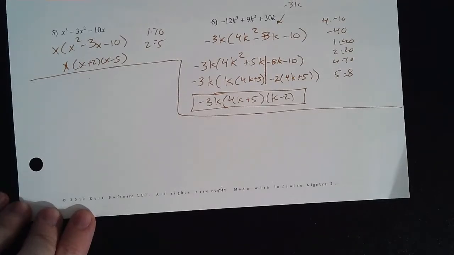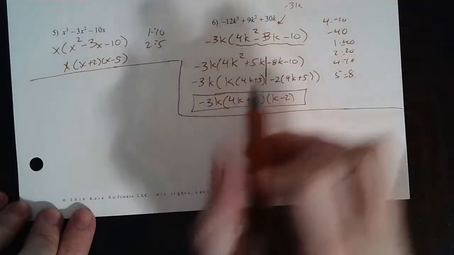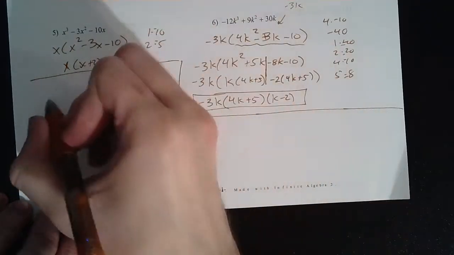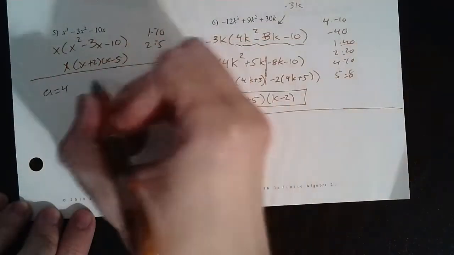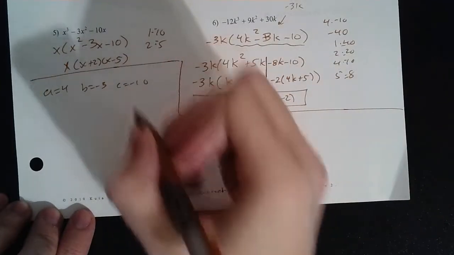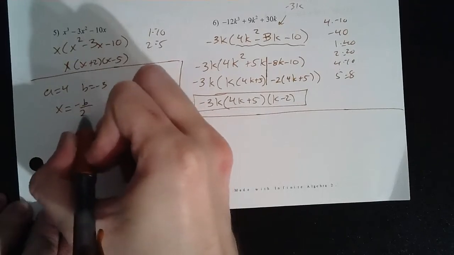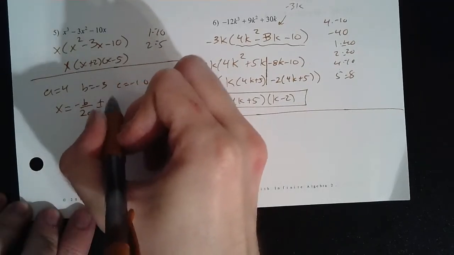So how you use the quadratic formula to factor. What we're going to do is just do this part right here because we already know there's a -3k in front. And we're going to say that a equals 4 and b equals -3 and c equals -10. When I say the quadratic formula, hopefully we already have this memorized. If we don't, got to do so in the very near future here.